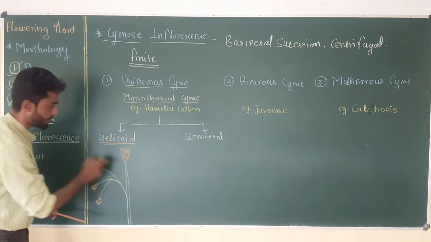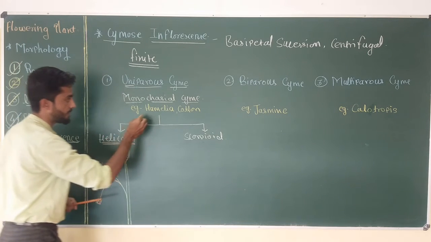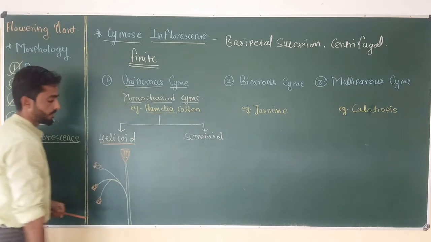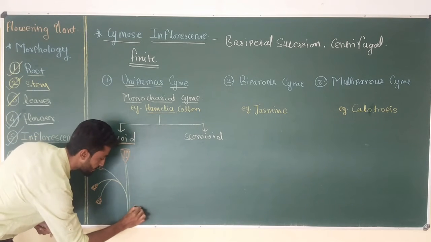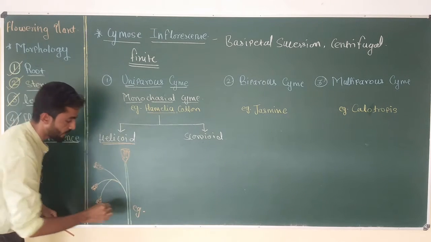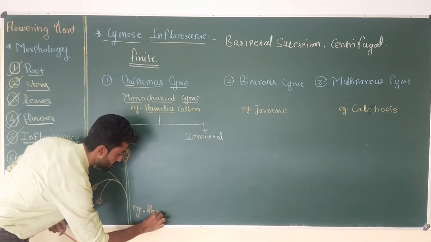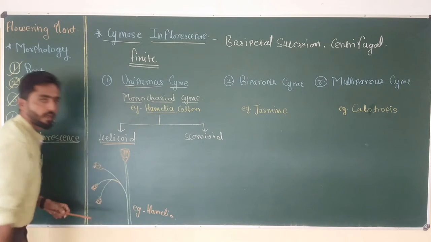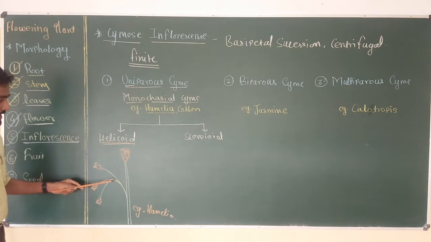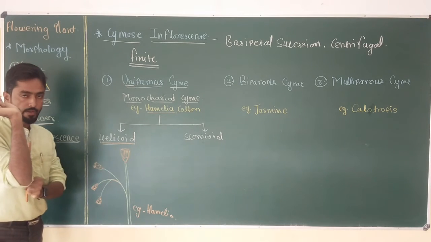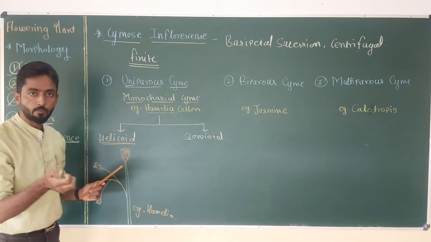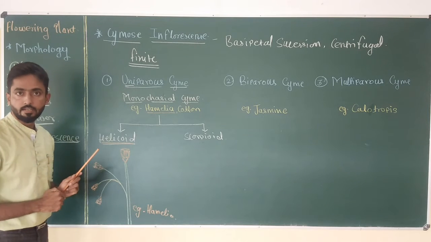This type of structure is present in plants like Hamelia. So an example of helicoid type of inflorescence is the Hamelia plant. Remember that in this case a single branch develops, and all the branches develop on the same side of the central branch.